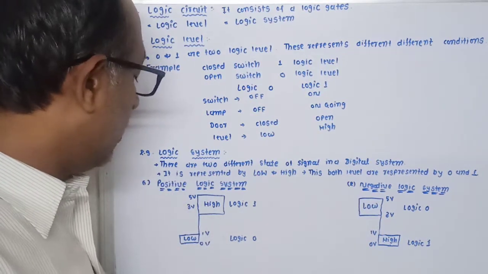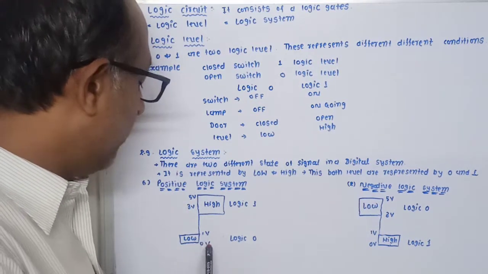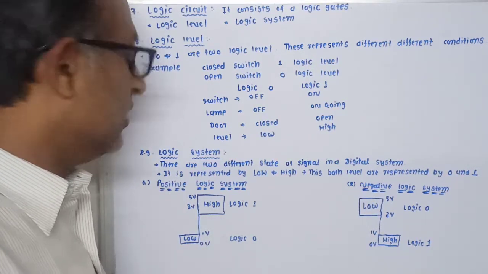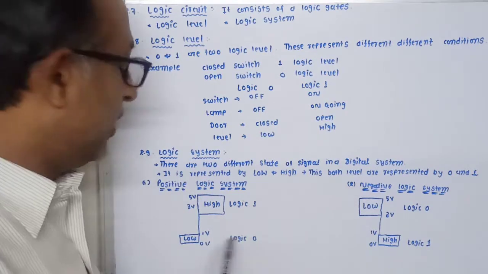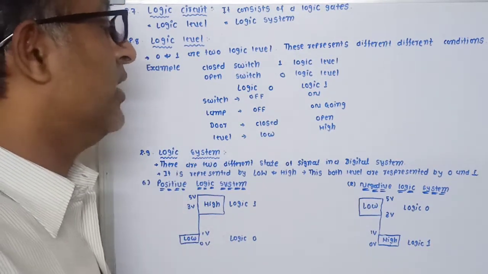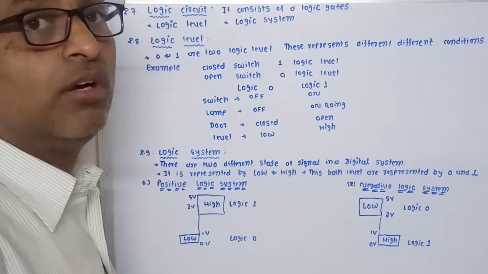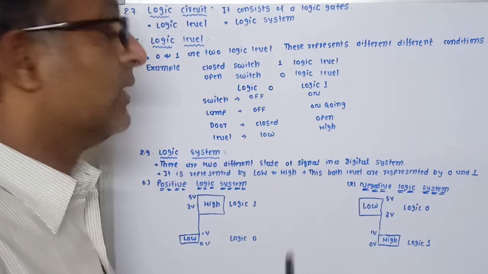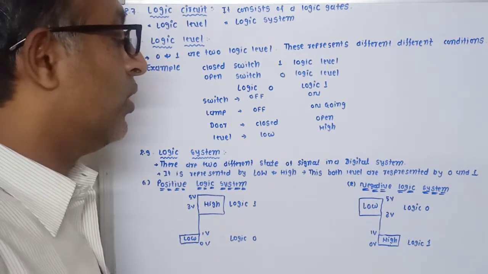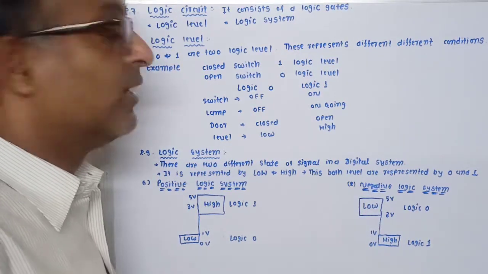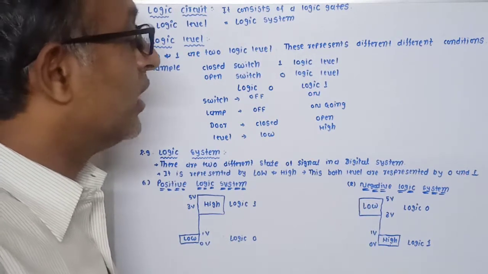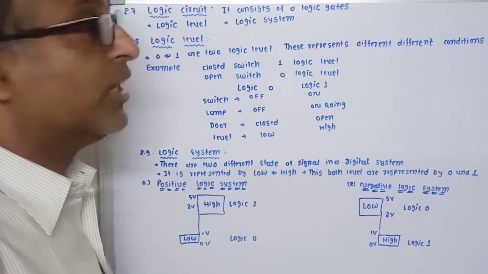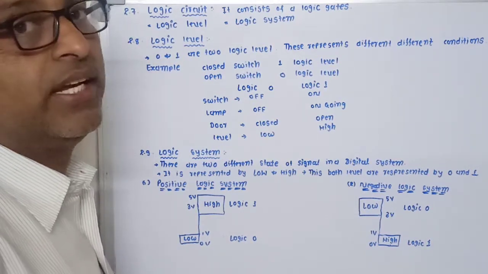And a voltage between 0 volt and 1 volt is taken as logic 0. Similarly, in the negative logic system, a voltage level between 3 volt and 5 volt is taken as logic 0, and 0 volt to 1 volt is taken as logic 1. So it is totally different. This will be very helpful to understand the different types of logic gates.